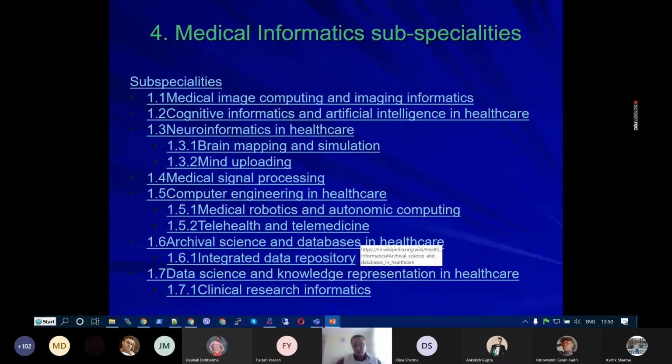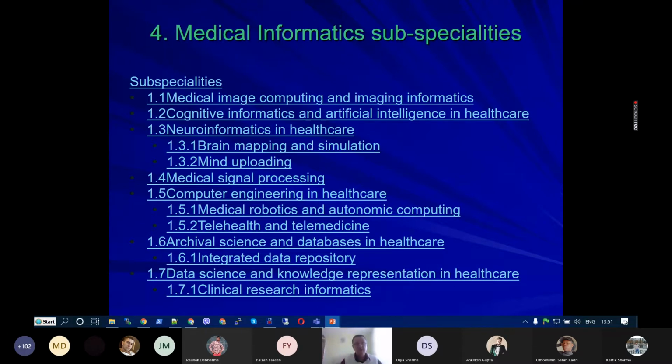So if you want to know more about subspecialties in the area of scientific and practical activities under medical informatics, I would recommend that you check this slide. Unfortunately, at Moodle only a slightly older version of this presentation is uploaded, but after the lecture I will replace it with the new version of the presentation, and this slide contains multiple links to Wikipedia.